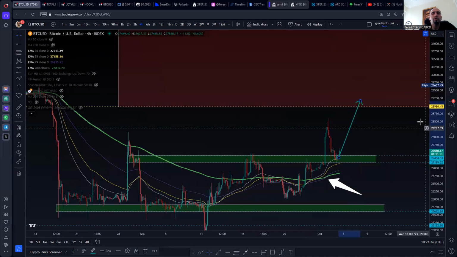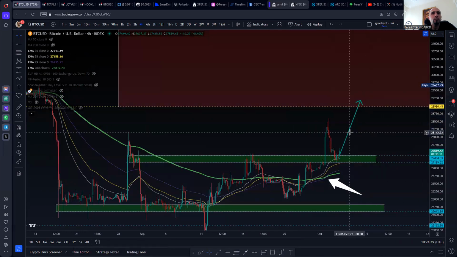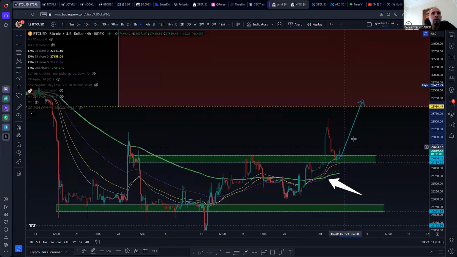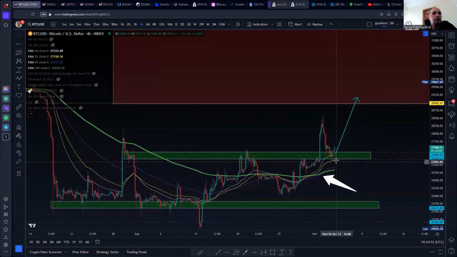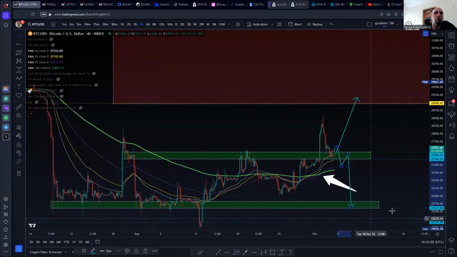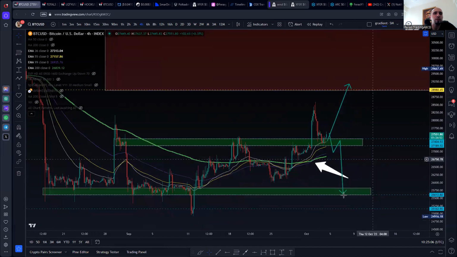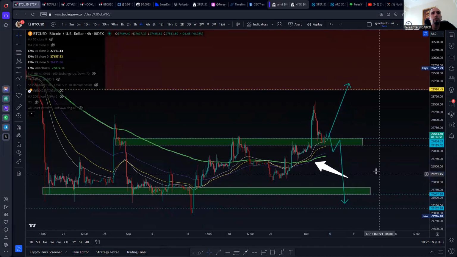Maybe it can overshoot even up to 31, but 29k. This is bullish above this area. And if we lost this, it's extremely bearish. If I lost 27.1, that means price action like this is bearish, and this is a short towards the previous lows, even the lower ones.